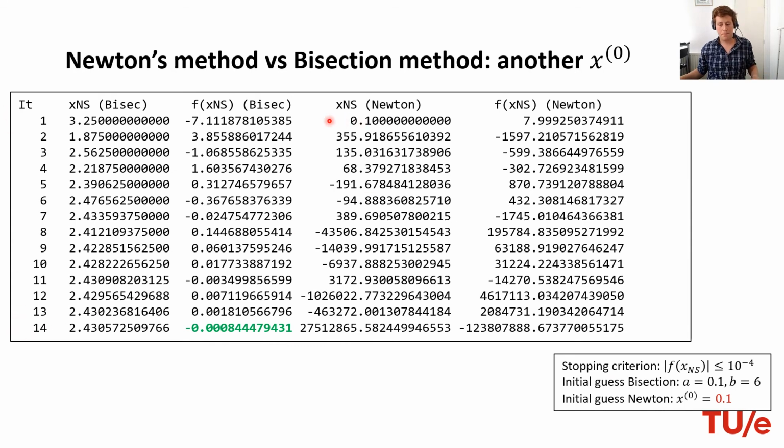Whereas Newton is really struggling. It starts from 0.1, goes to large positive numbers, negative numbers, positive numbers, and then it really starts to run away. This is typically the point where you say Newton's method is diverging. We have to stop it, or we're just wasting computational effort on computing total nonsense. This is completely going away from the solution, which means that Newton's method is clearly diverging.